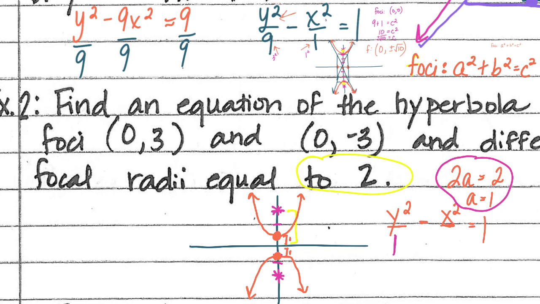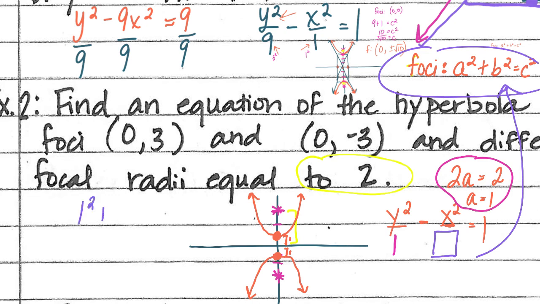But now I have to find this number right here using the foci right here. So remember, we know 1 squared plus what is equal to 9, because this distance right here was 3. The 1 we got from here, the 3 we got from here.